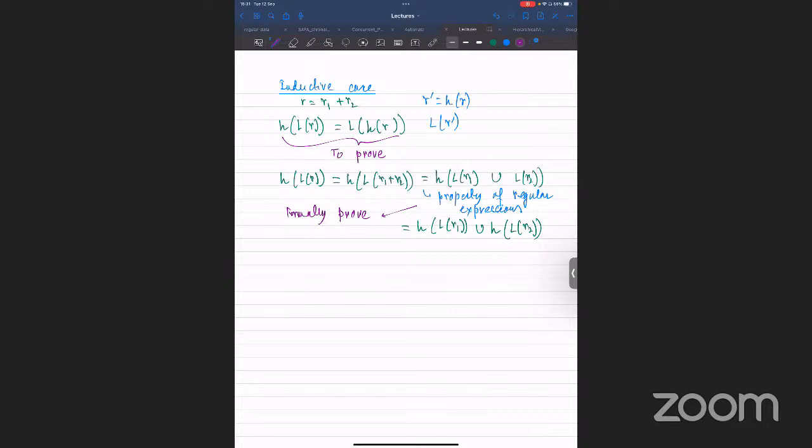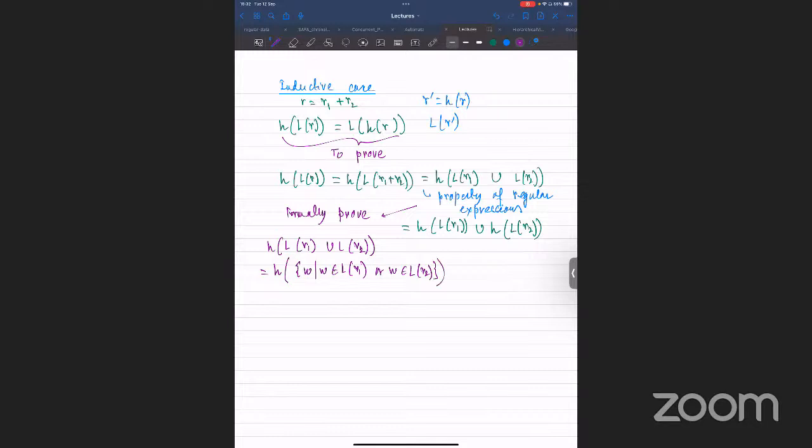Let's say H of L of R1 union L of R2. H of this thing is equal to H of W, such that W belongs to L of R1, or W belongs to L of R2.